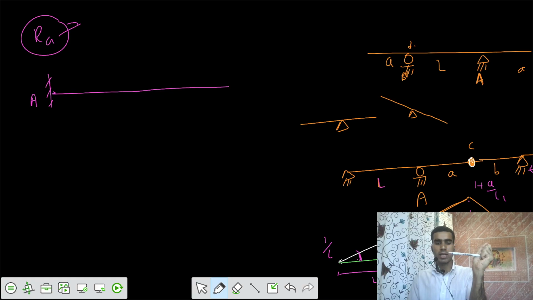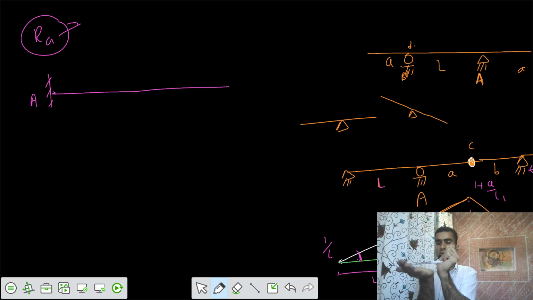To get the reaction at A, you remove the restraint offered by that point. Once that restraint has been removed, it is definitely going to fall. Now, how can you show that it gets lifted up? Let's say this was your beam, and here we have some cantilever.